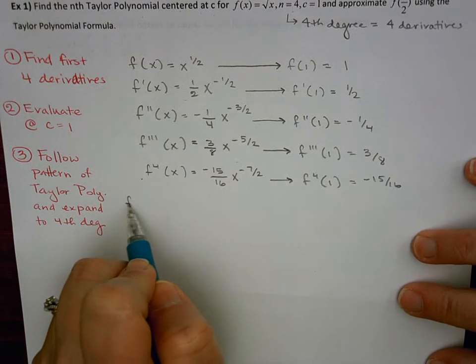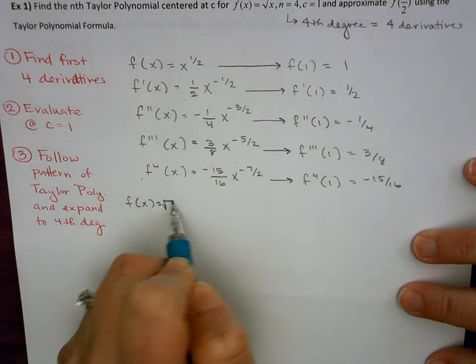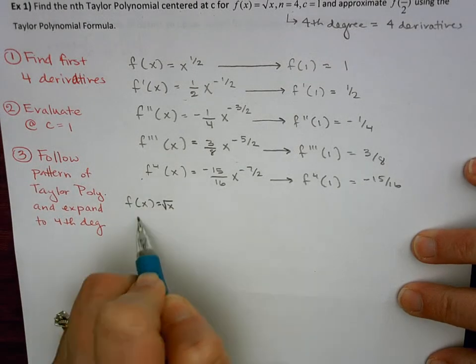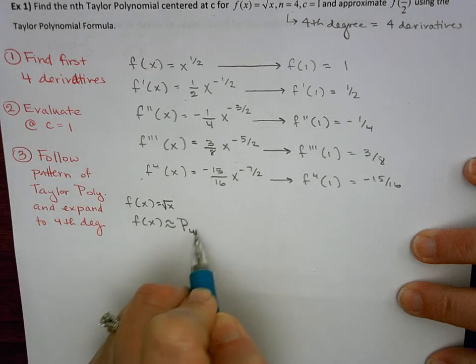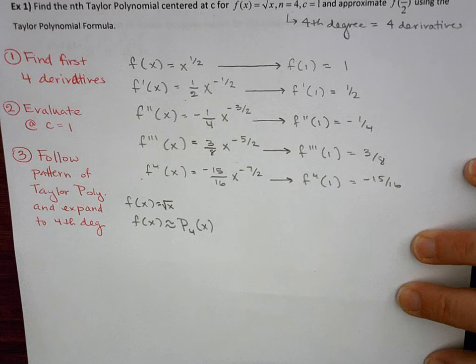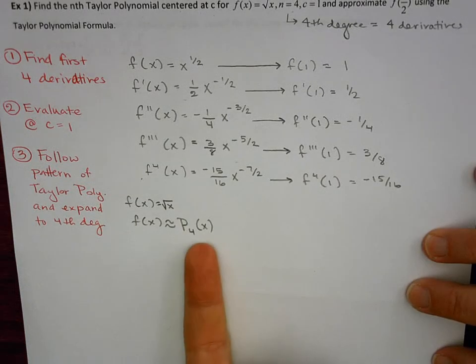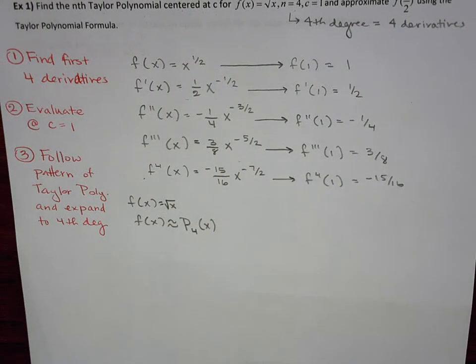I know that my function is the square root of x, and I want to approximate that function with the fourth degree Taylor polynomial. So this is my function, and I'm approximating it, meaning I'm rewriting the square root of x as a polynomial, and I'm going to expand it until I go to the fourth degree.